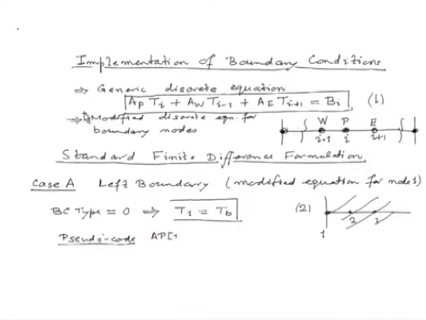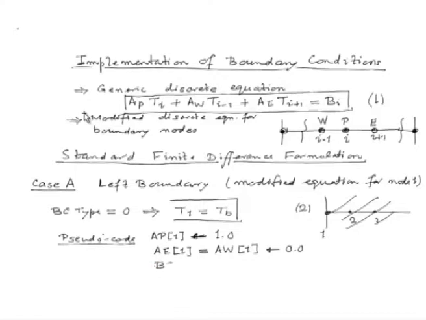So AP1 is set to 1.0. This left arrow is a standard notation in computer programming that assigns 1.0 to AP1. AE1 and AW1 would be assigned 0 values.